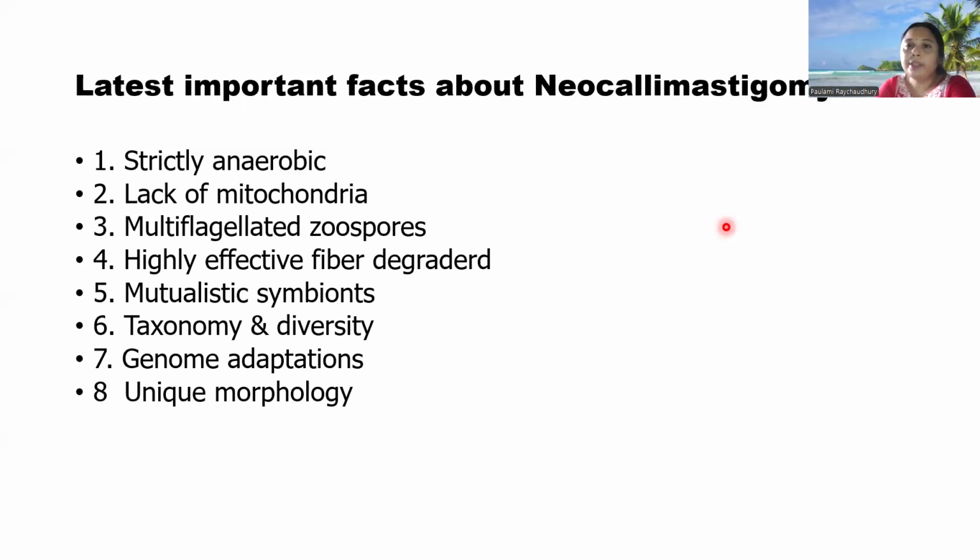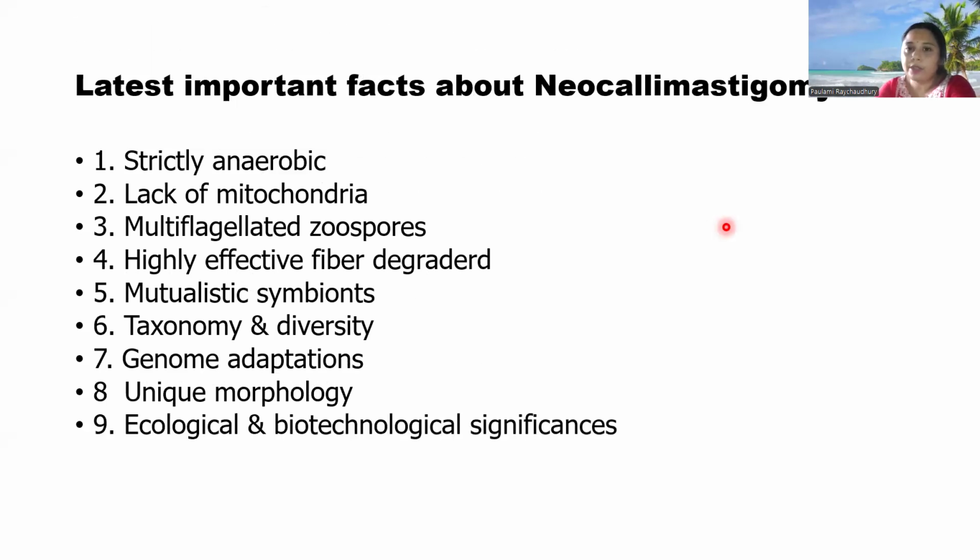Now, they have unique morphology, that means a coenocytic thallus with rhizoids. Rhizoids means root-like structures. Sporangia release multiflagellated zoospores in the gut lumen. They are found in the gut of herbivorous animals. The life cycle is asexual. No confirmed sexual stage has been found yet.